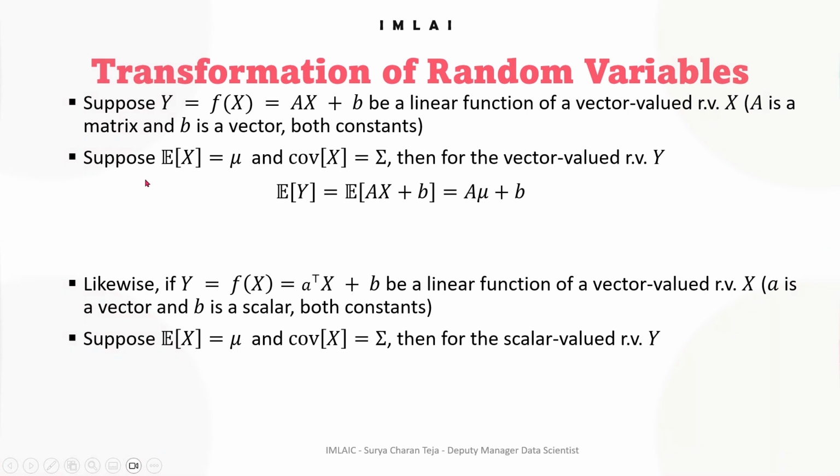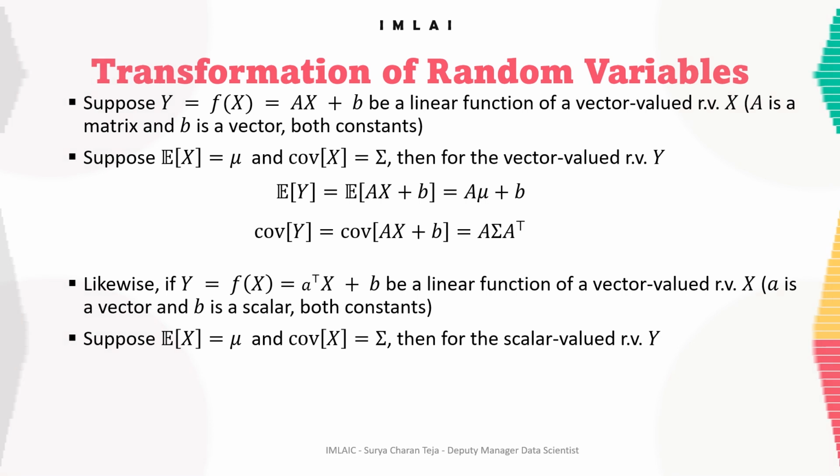But what is E of X for us? E of X is equal to mu. So A mu plus B. That's what we call a transformation. Similarly, the covariance of Y is equal to the covariance of AX plus B, which is A times sigma times A transpose.